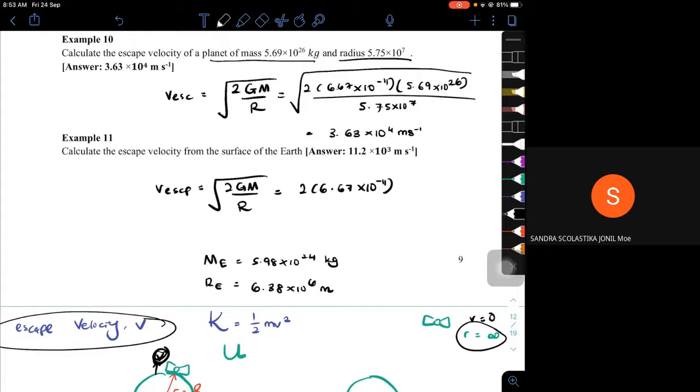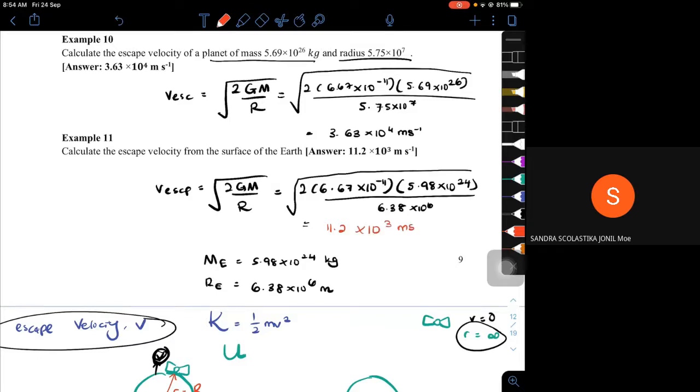Then you masukkan 5.98 darab 10 kuasa 24 over 6.38 darab 10 kuasa 6, and then you square root the whole thing. So the escape velocity of our planet Earth is 11.2 darab 10 kuasa 3 ms negative 1. So if you campak anything with this speed, it will be gone forever from the Earth lah.